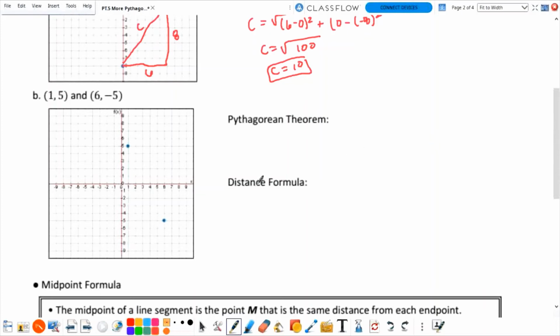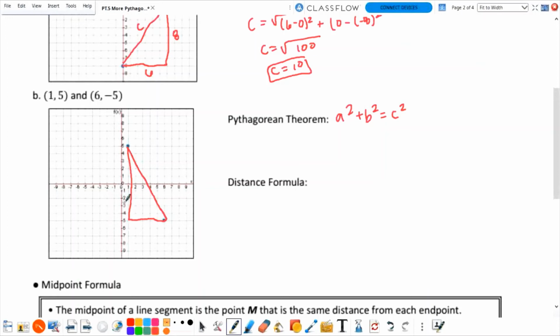All right, looking at B, we've got our 2 points right here. I'm going to try my best to draw a straight line. Good enough. All right, so a squared plus b squared equals c squared.